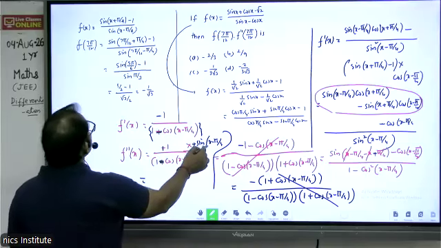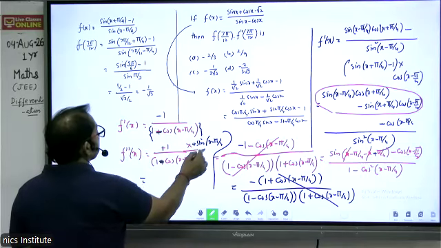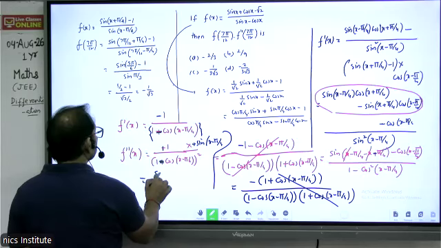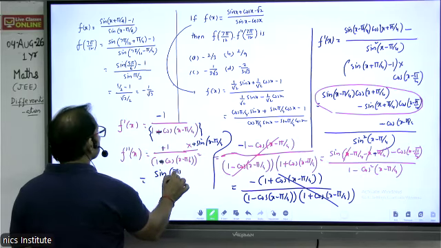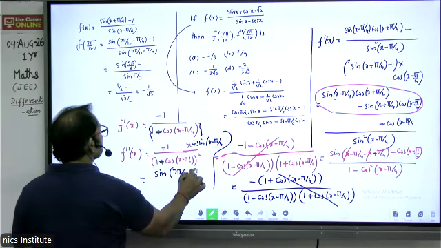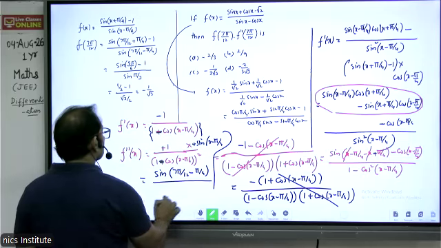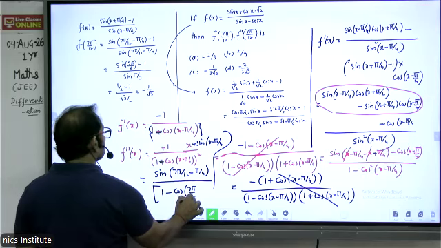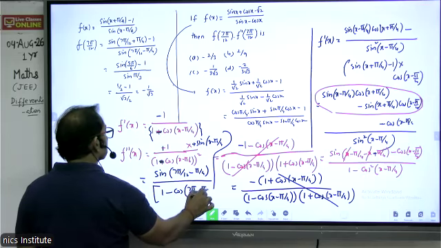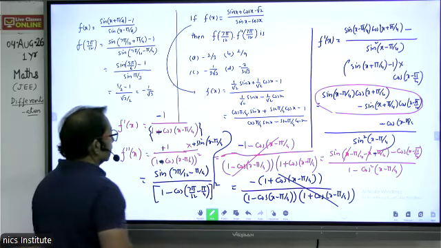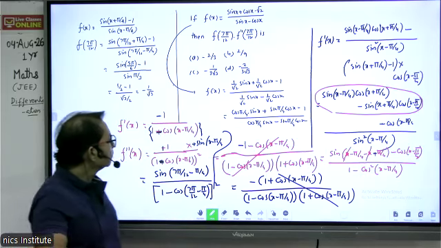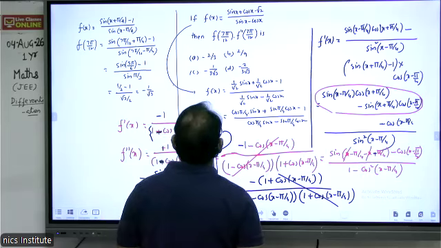So now x is how much? 7 pi by 12. 7 pi by 12 minus pi by 4 कितना हुआ? तो आपने x के डेरिवेटिव में नीचे 1 माइनस क्यों कर दिया फिर?